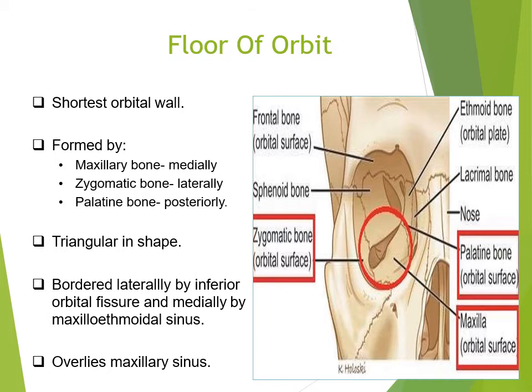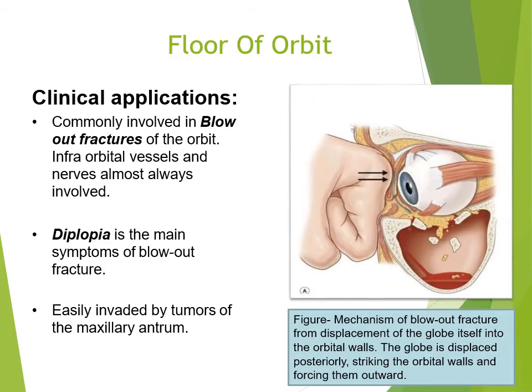So any infection from the maxillary sinus easily spreads. In a fracture of this floor, the eye is displaced down into the sinus, there can be hemorrhage into the maxillary sinus, and the muscle gets entrapped in the bones. There can be diplopia. Any tumor from the maxillary sinus can spread upward into the orbit.